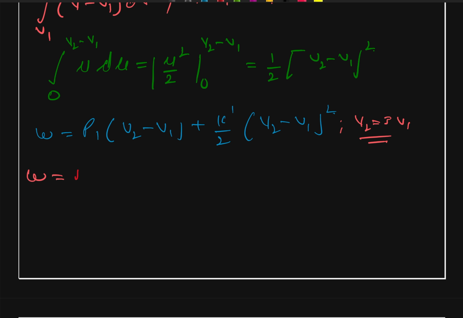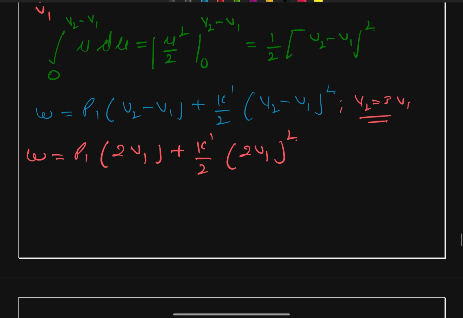W is equal to P1 times, this comes as twice V1, plus K prime by 2 times twice V1 whole square. And let's calculate this K prime once again.